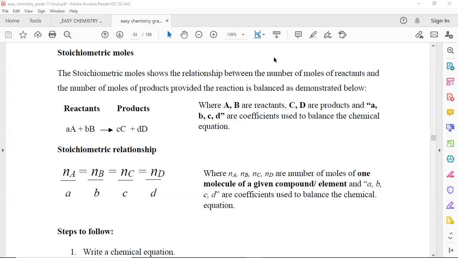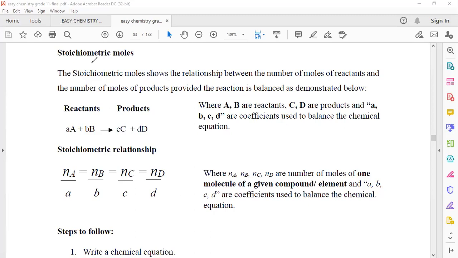As of today, we're going to look at the calculation of mass using stoichiometric moles, or the mole ratio, commonly known as the mole ratio.